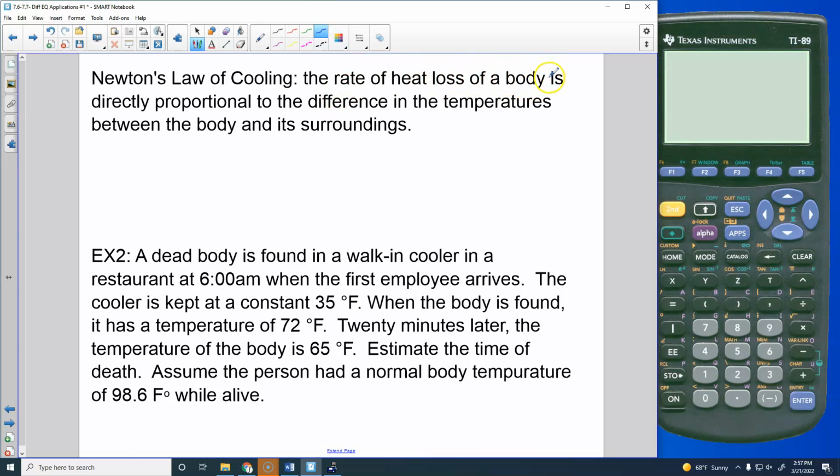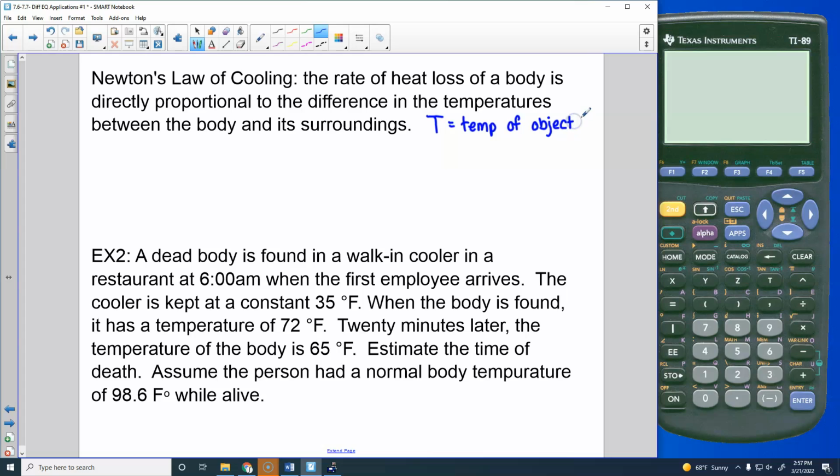The rate of heat loss of a body is directly proportional to the difference in the temperatures between the body and its surroundings. So we're going to let T be the temperature of the object or body.